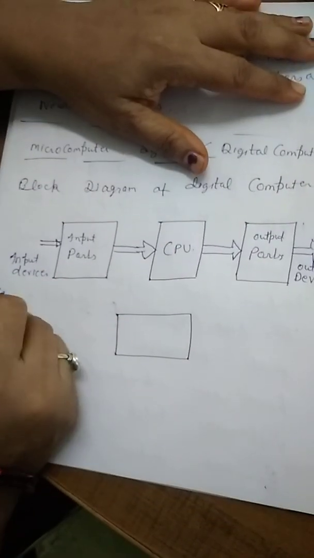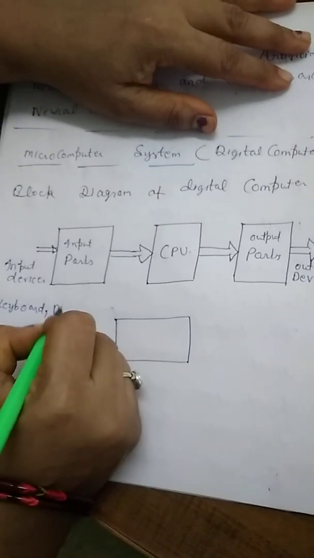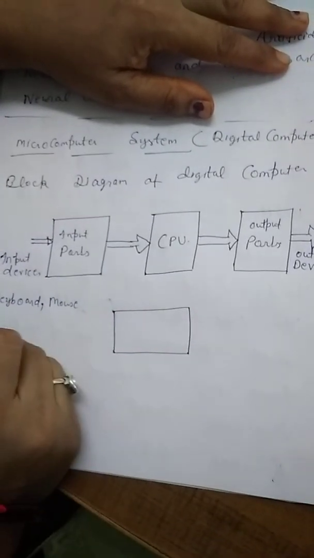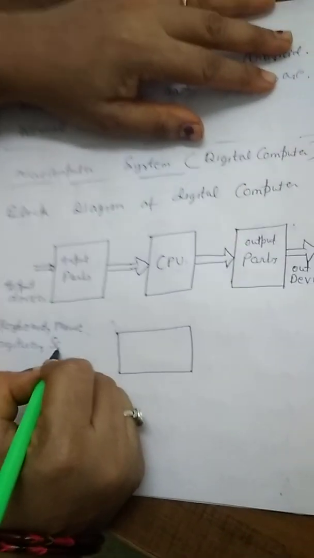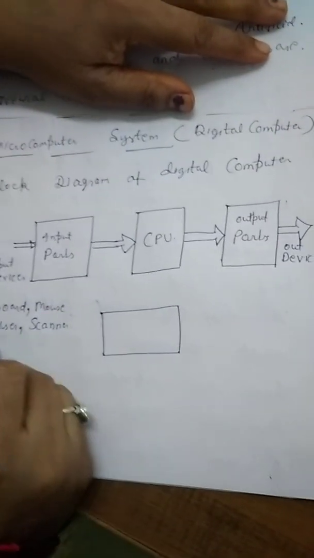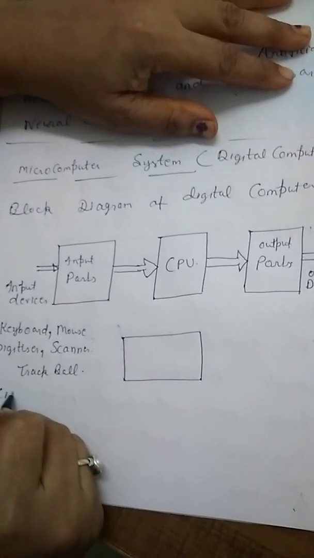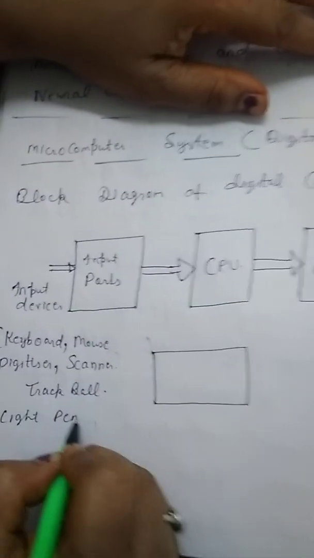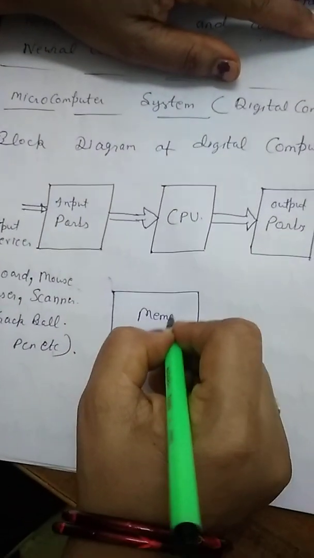What are the input devices? Keyboard, mouse, digitizer, scanner, trackball, light pen, etc. Okay, this is your memory.